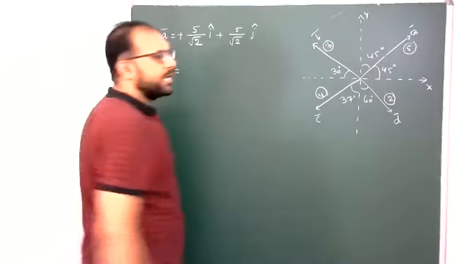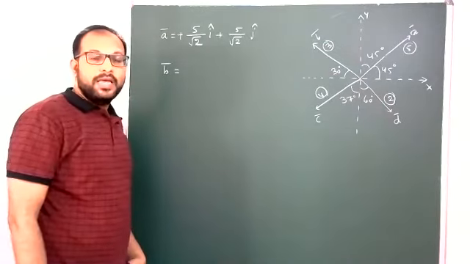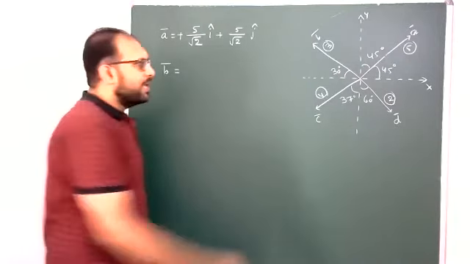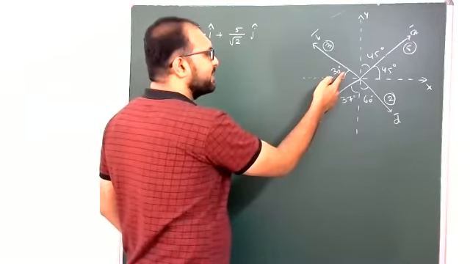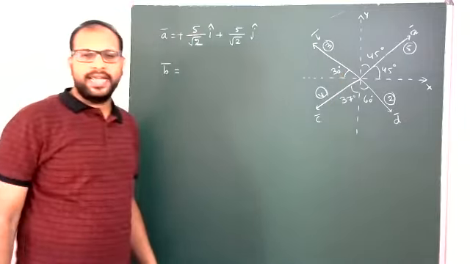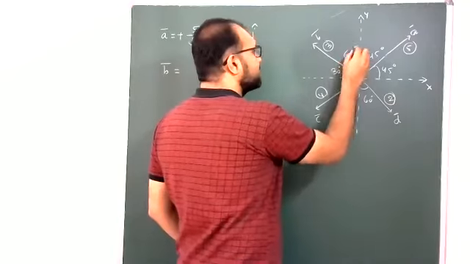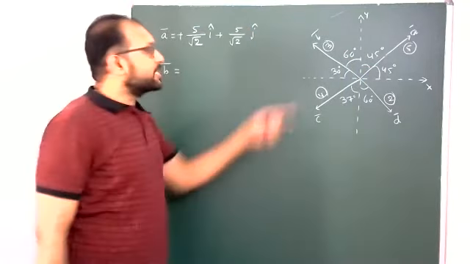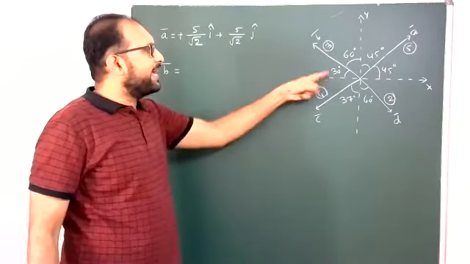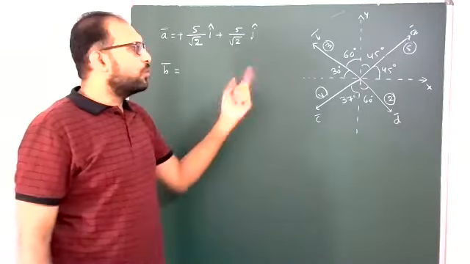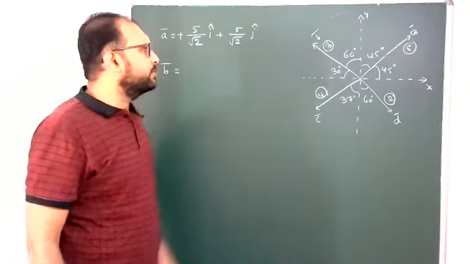Students, b bar magnitude is 3. Now we need to resolve along the x-axis and y-axis. Here, with the x direction, the angle we know is 30, which means, students, the other is 60. So the x component is 3 cos 30, root 3 by 2 into 3.